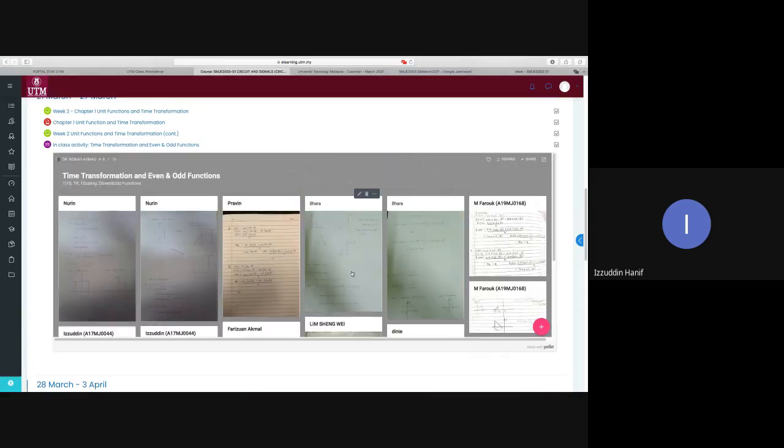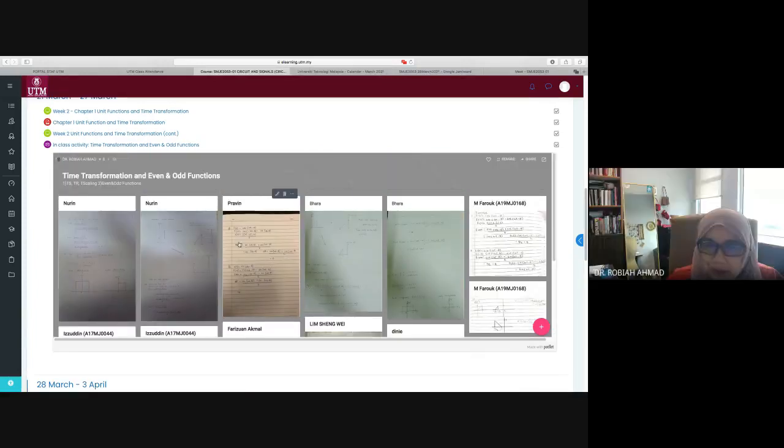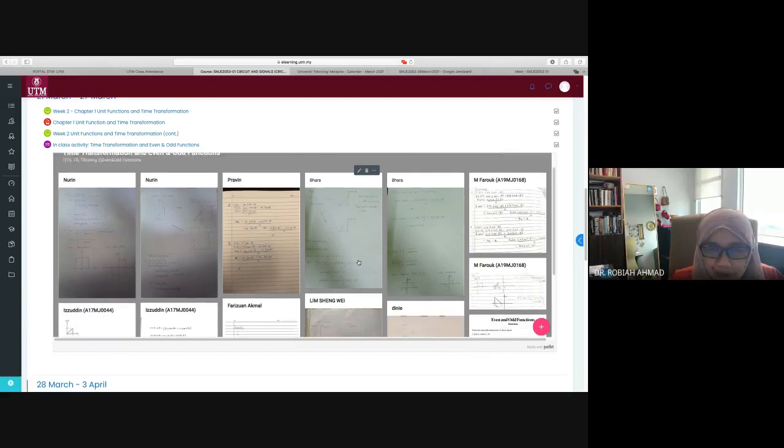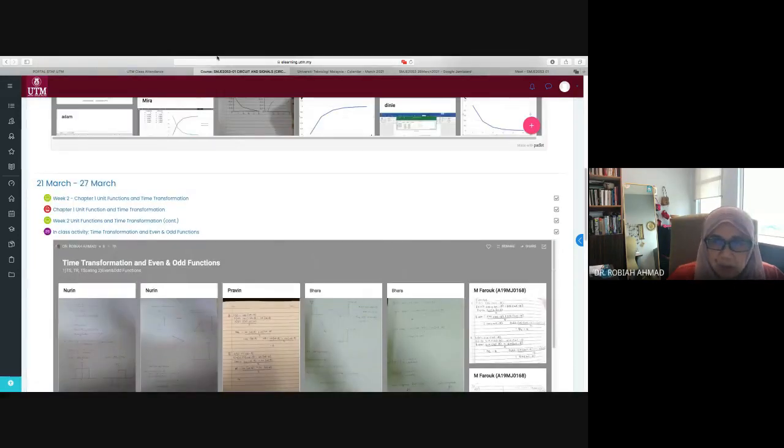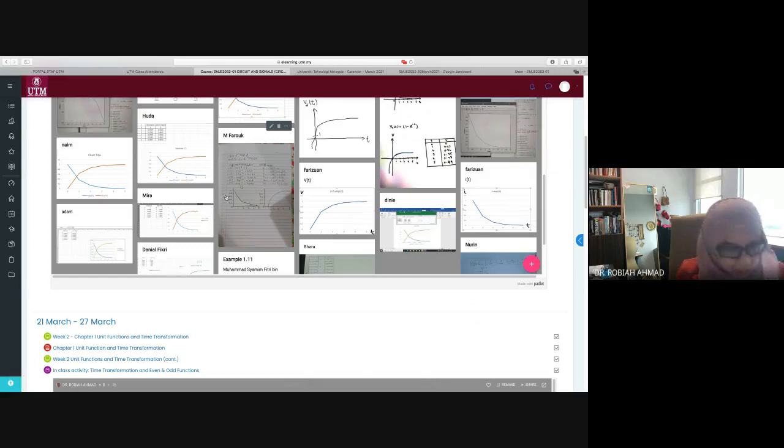Okay, saya tak mau bagi jawapan. So, I still open. Please, siapa yang tak jawab lagi, please put your solution here at the Padlet. Kalau tak ada Padlet, I think I also share the link Padlet dekat WhatsApp lah.